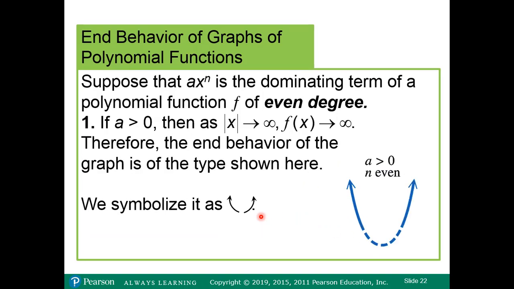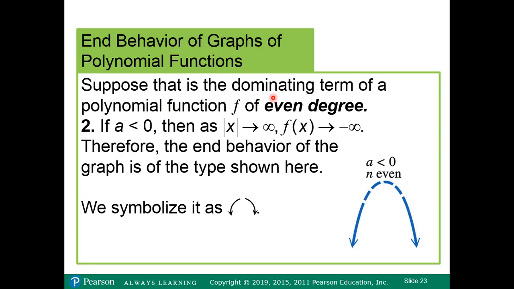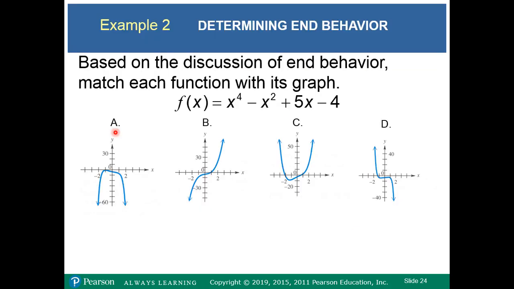Now, what if it's an even degree? Well, like I said earlier, the tails are going to go in the same direction, which means they're either both going to go up or both going down. If a is positive and we have an even degree, both tails go up. If we have an even degree polynomial and a is negative, then the tails both go down.